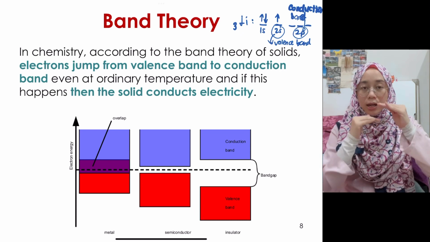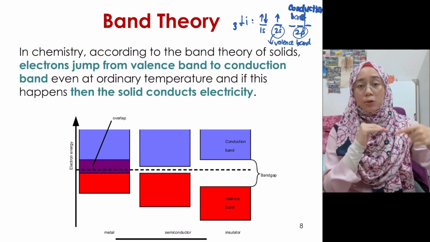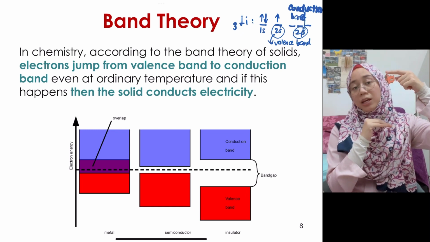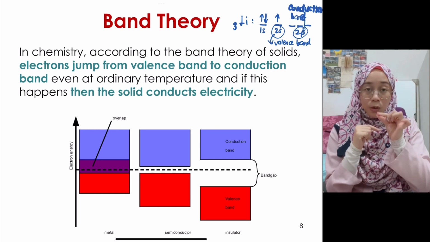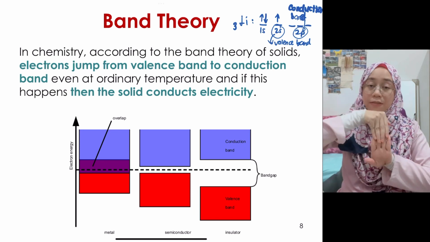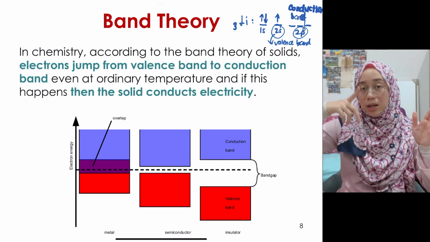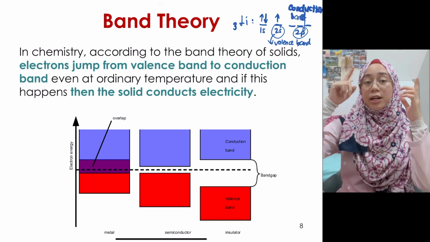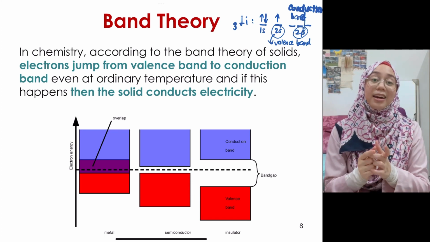If there is a large gap, it means it is difficult for electrons to jump from the valence band to the conduction band. But if the gap is very small, to the point that the bands might overlap with one another, it means the electrons will easily jump from the valence band to the conduction band.